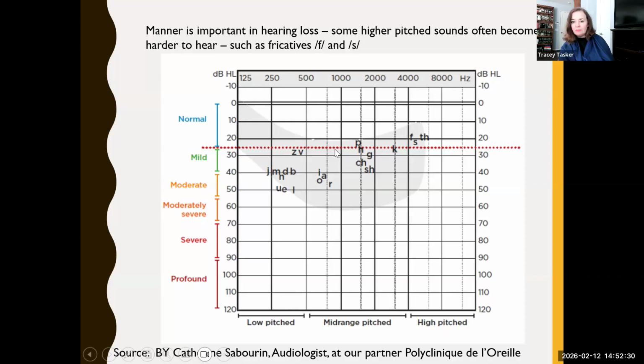But you'll see, even with a mild hearing loss, someone may have trouble hearing these sounds. So this is just something to be aware of for your future work, and trying to figure out how this kind of fits in to what we know. So that's where manner really overlaps even with audiology, okay?